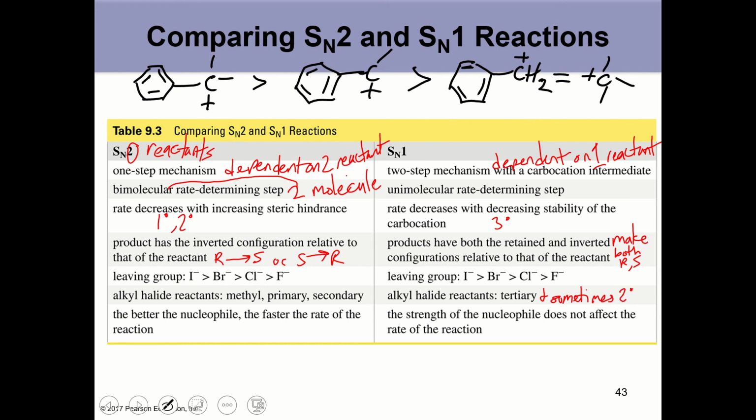Then, the better the nucleophile, the faster the rate of reaction. And the strength of the nucleophile for the SN2, the better the nucleophile, the faster the rate of reaction. So we have to be able to rank our nucleophiles in terms of their reactivity, and sometimes we even have to consider whether or not the nucleophile's reactivity is affected by the solvent.